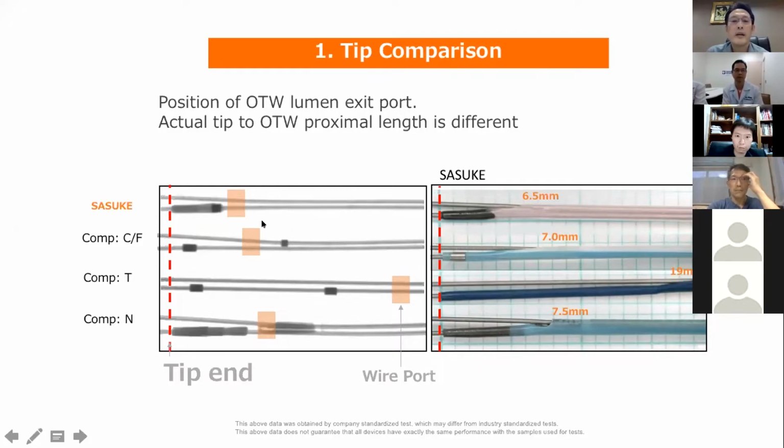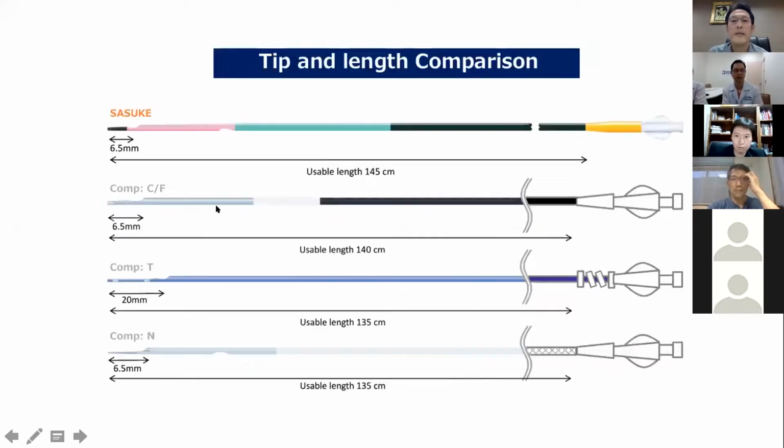With the Sasuke we can know that quite exactly. And for length, the usable length of the Sasuke is longer: 145 centimeter compared to the Crusade at 140, and Twin-Pass and Enhancer at about 135 centimeter.